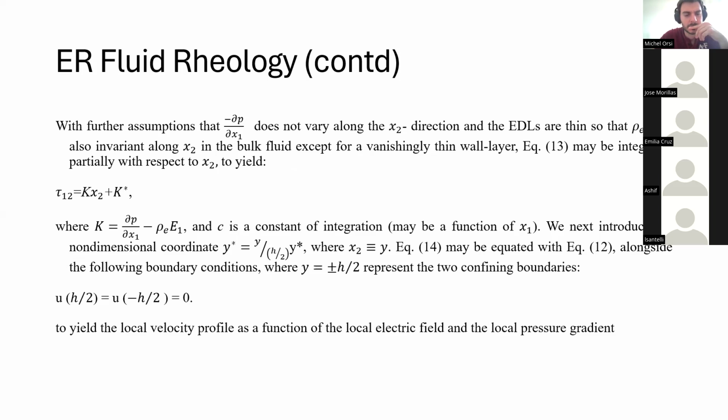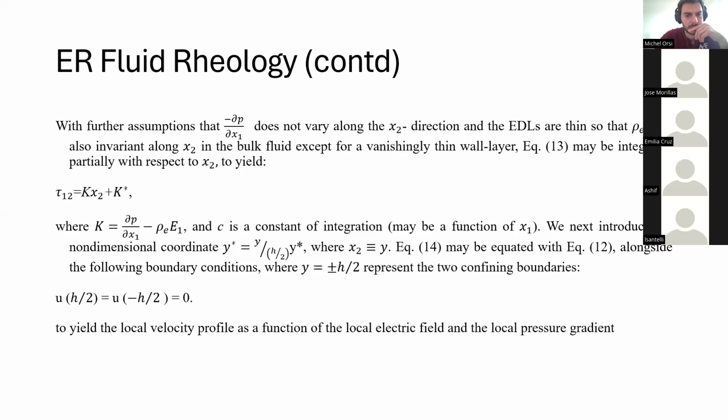So with further assumptions that del P del x1 does not vary along the x2 direction and the electrodes are thin, so that rho E1 is invariant along x2 in the bulk fluid except for a vanishingly thin wall layer, this equation may be integrated with respect to x2 to yield tau 12 equals k x2 plus c, where k is del P del x1 minus rho E1 and c is a constant of integration, maybe a function of x1.